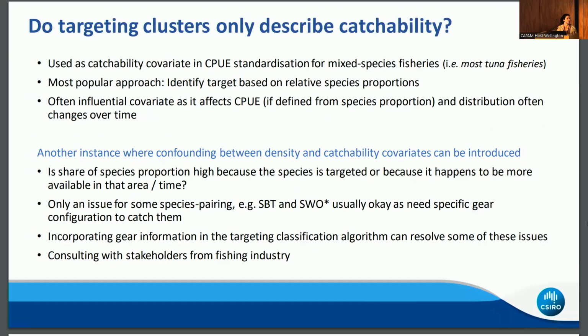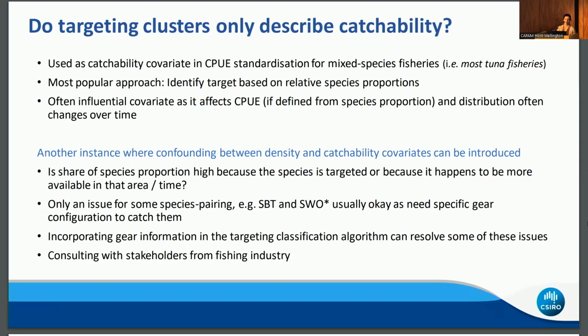So another place where we have run into the risk of confounding catchability and density covariate is when we describe targeting clusters based on species proportions. So targeting clusters are often used as a catchability covariate in CPUE standardization for mixed species fisheries. So that's what most tuna fisheries are.